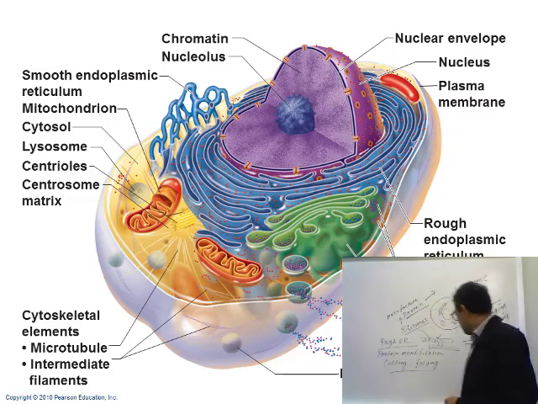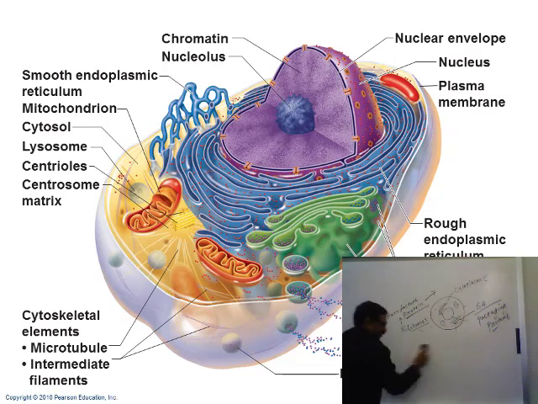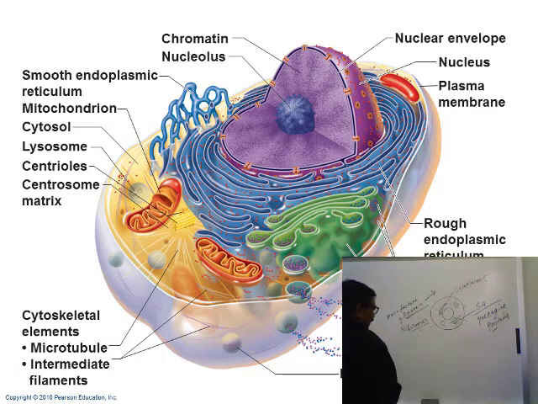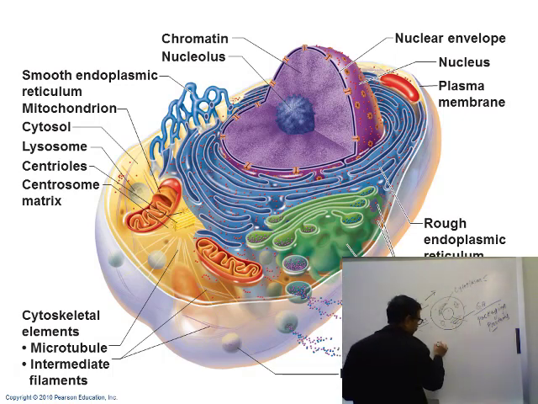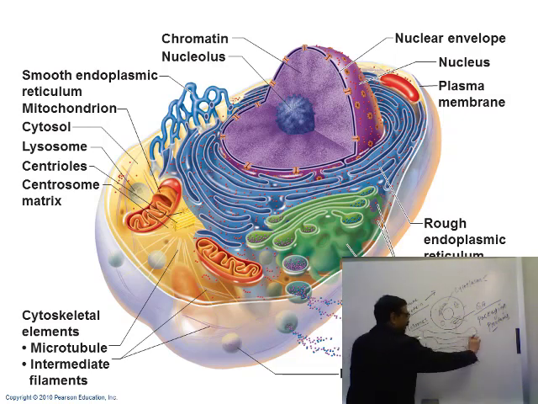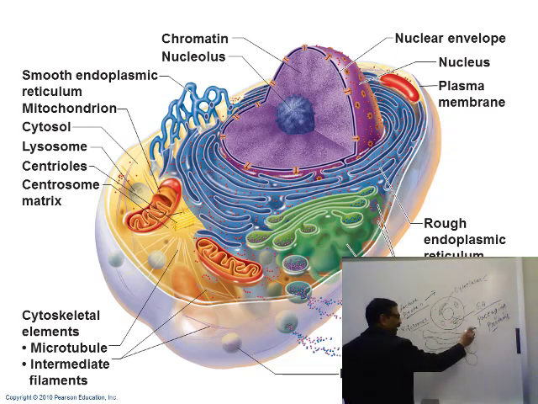Then what the Golgi apparatus does, if you see the Golgi apparatus, the green structures here in this picture, it looks like a number of flattened sacs. A number of flattened sacs are piled on each other like this, and both ends are expanded or wider.